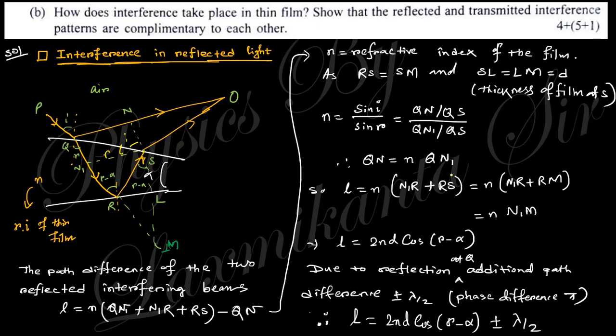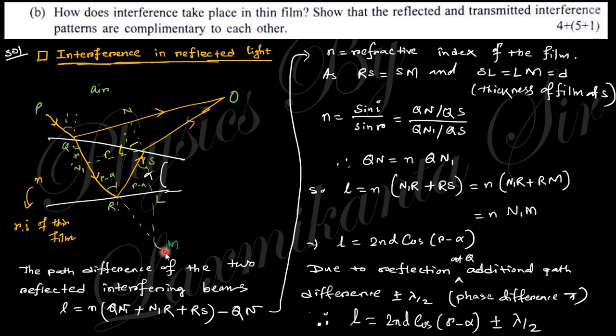So you obtain this relation, right? If you put this value, QN equals n times QN1, so these two cancel out, and we only obtain N1R plus RS, and RS is nothing but RM.